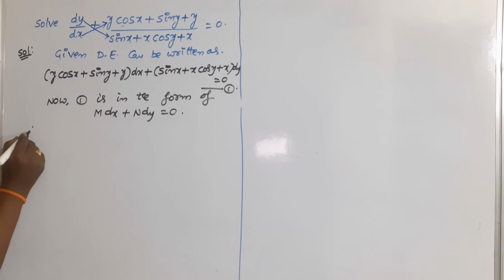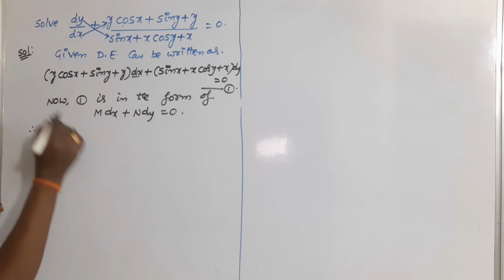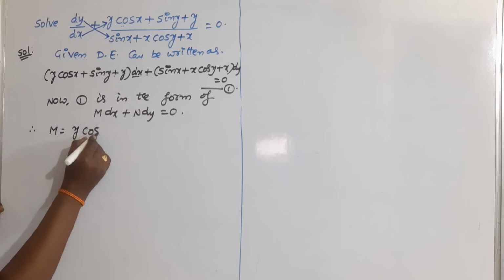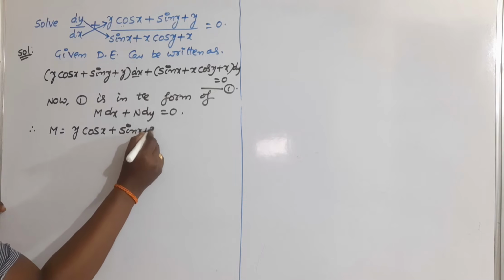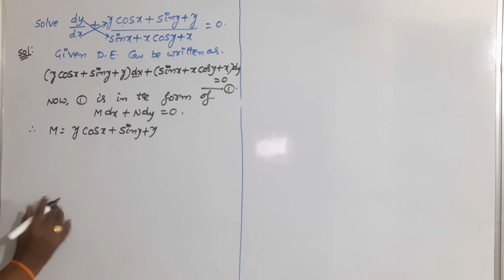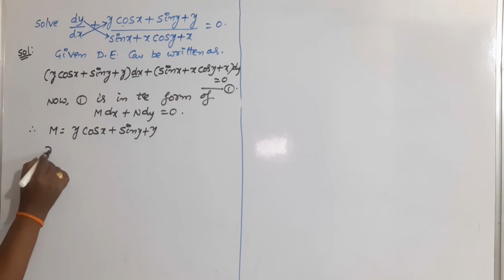Immediately you should write what is M and what is N. What is M here? Coefficient of dx, which is y into cos x plus sin y plus y. First calculate dou M by dou y.